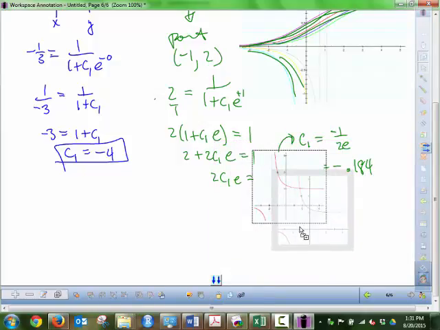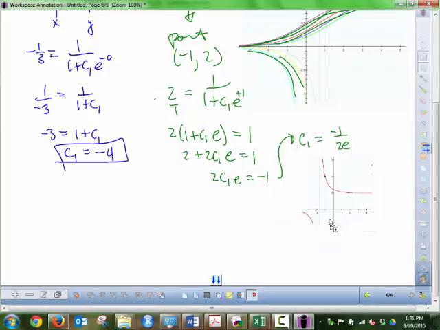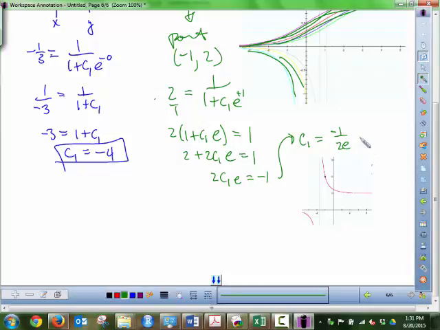So, this is our graph, and we said that this is equal to negative 0.182-ish. That's our value for c1 that would give us that particular solution.